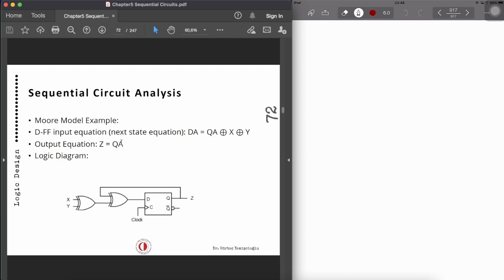So A plus, which is the next state, is going to be A XOR X XOR Y. Nothing else. And Z is A. That's all you need to know for step 1. Then we can derive the state table.